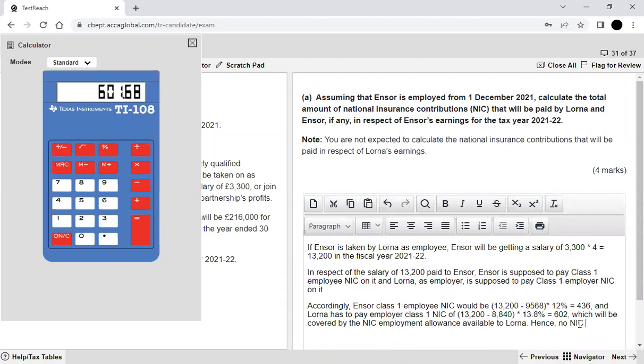Hence, no NIC will be payable by Lorna in respect of cash earnings paid to Esnor.